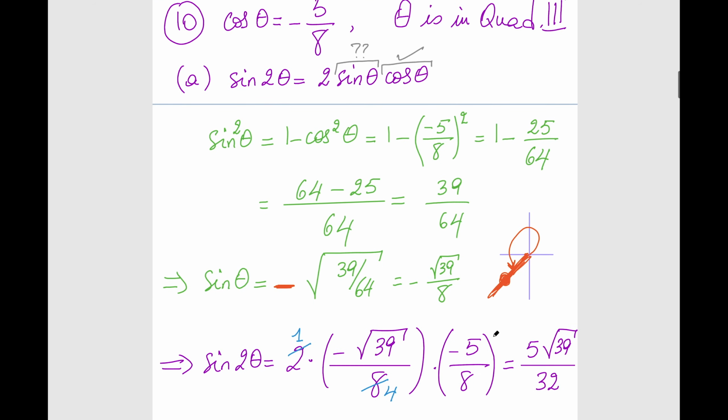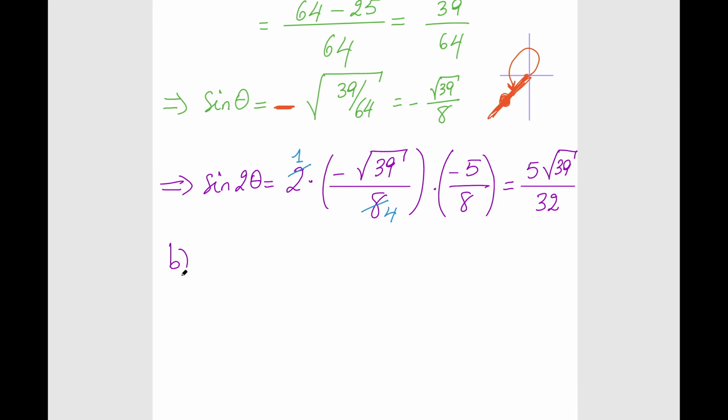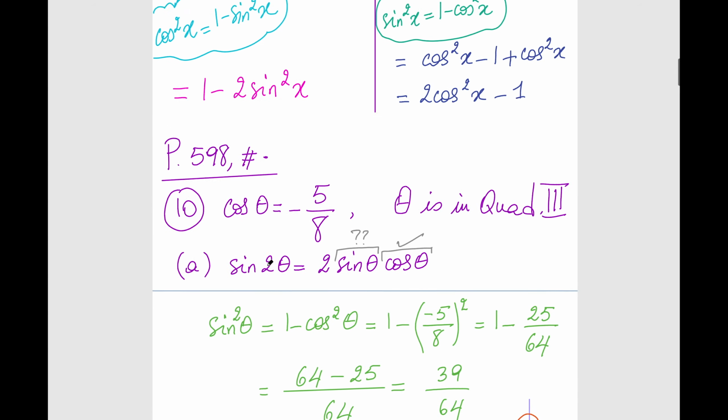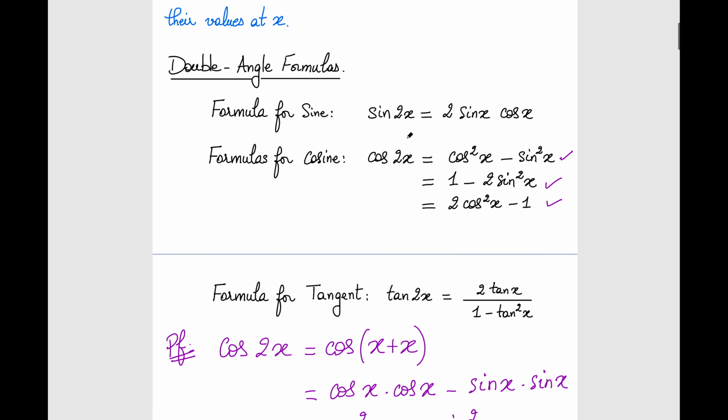All right. The other question is they want us to find cosine of 2 theta. This is part B. Let's go back to the double angle formula for cosine. We have 3 to choose from. They're all the same, and we actually show them.